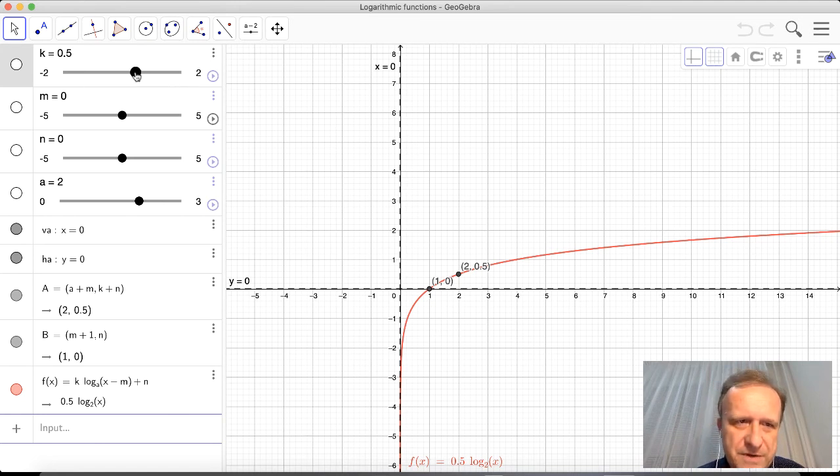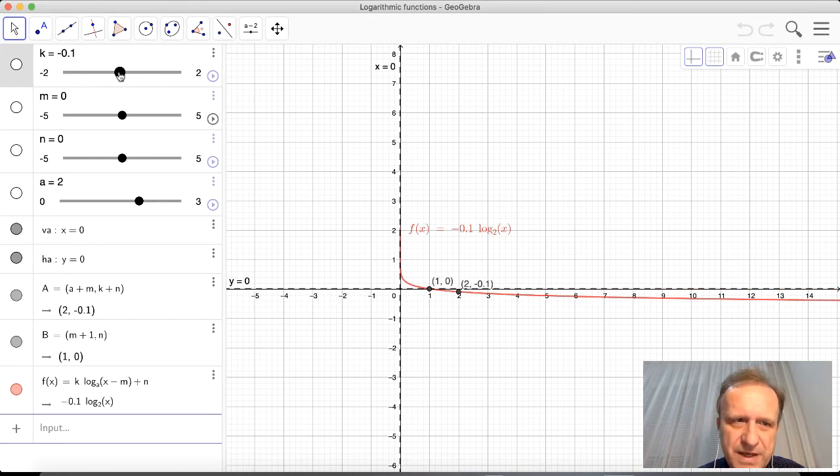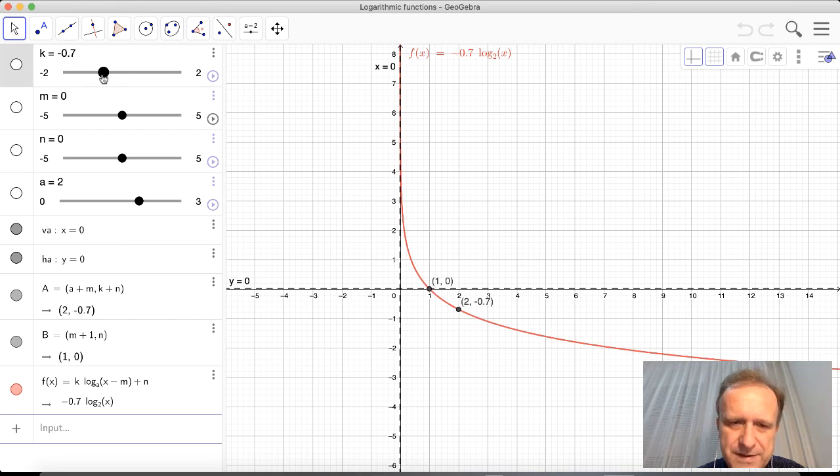Now what happens if I decrease k further? So I get to this forbidden value soon. k cannot be equal to 0 because then it stops being interesting, but now I can get to negative values. So if k is negative, you see that the graph gets reflected on the x-axis.